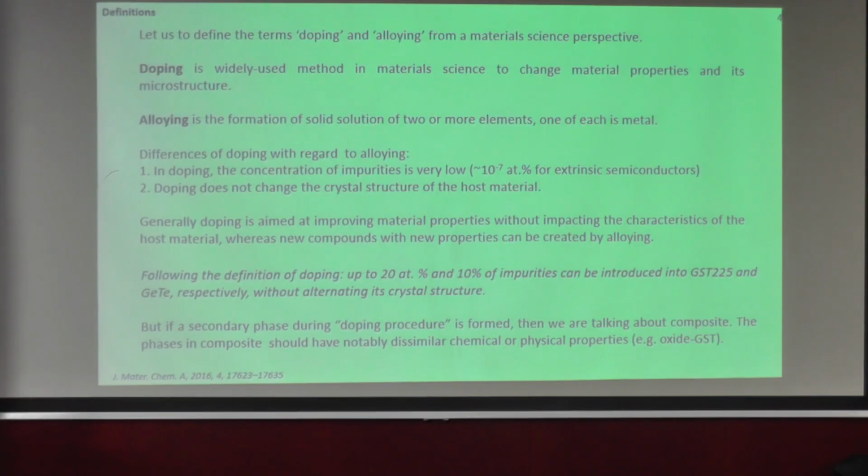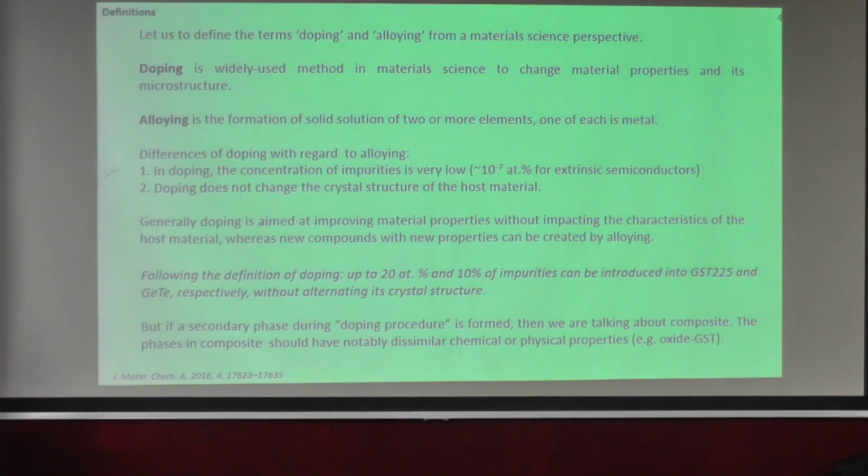Now if we follow this terminology, if we go more than 10 to the -7 atomic percent, then we are talking about an alloy. However, in the case of the GST material, we know already that it contains around 20% of vacancies.